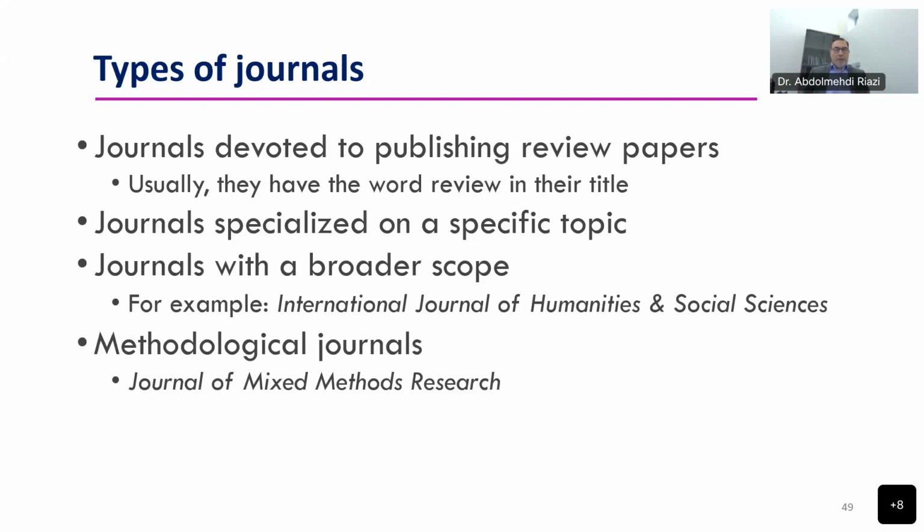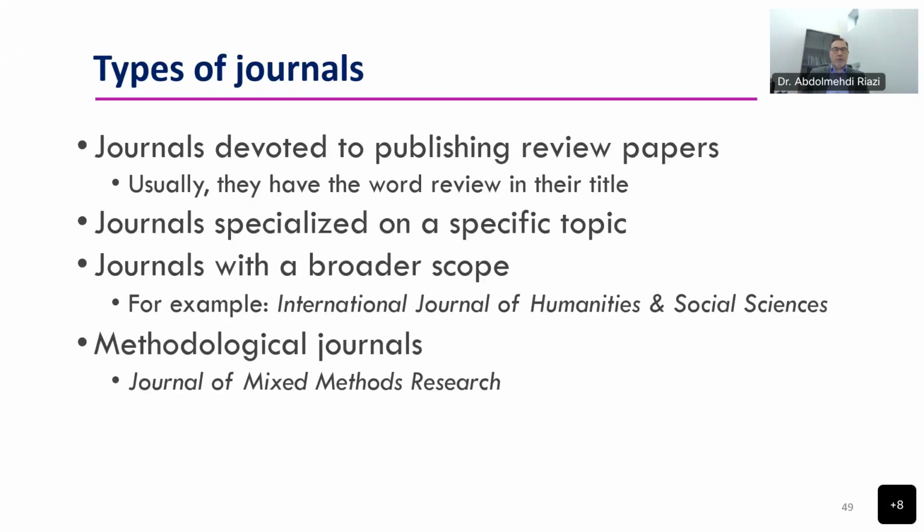Now, another decision that we can make at the stage of choosing the right journal is whether our paper is a review paper or whether it is an empirical paper. If it is a review paper, then the preference should be to send it to a review journal that publishes only review papers.